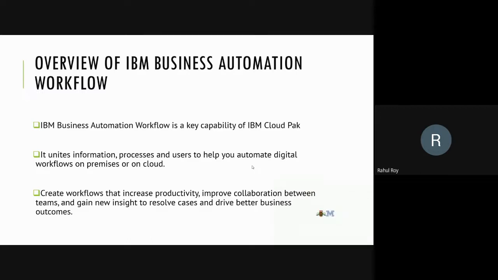And IBM BPM also has certain out-of-the-box reports and dashboards through which an organization can understand, in the last 1 year, how many applications have been submitted, how many have been completed on time, and how many have been processed on time. If something has not been processed on time, then what is the reason? We get everything over there.